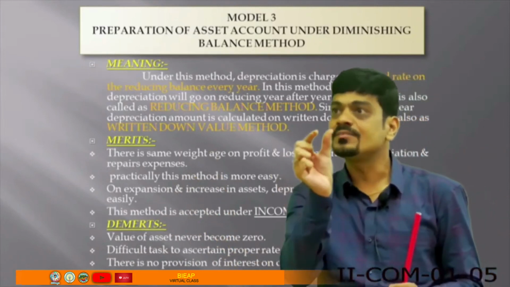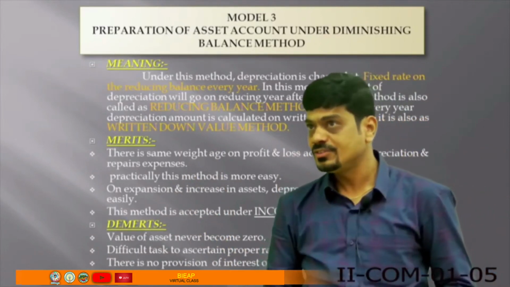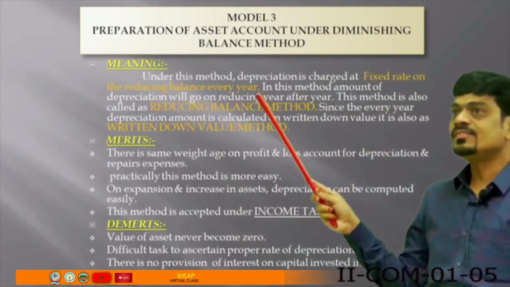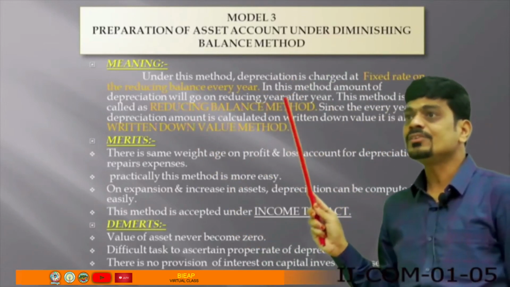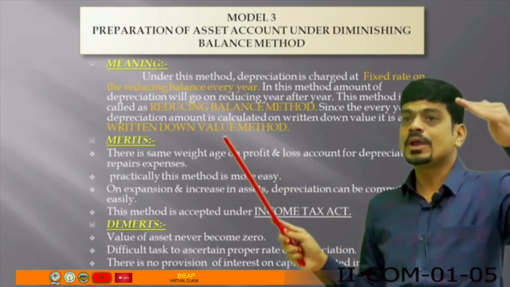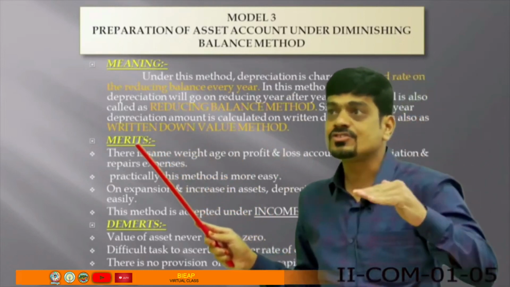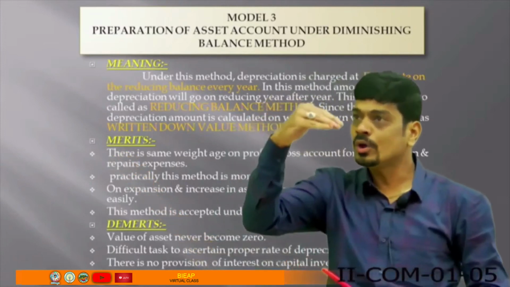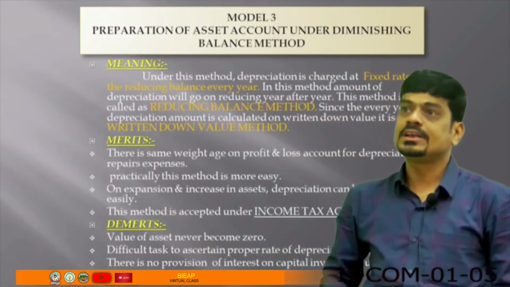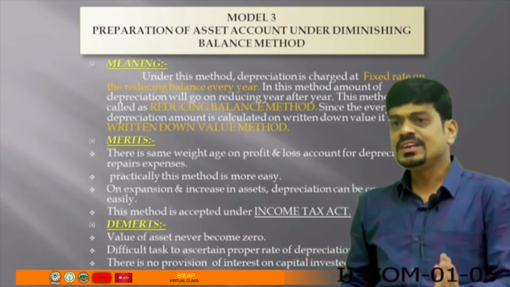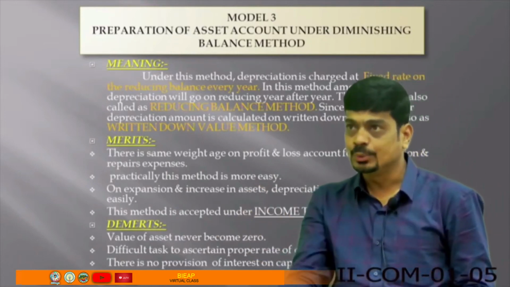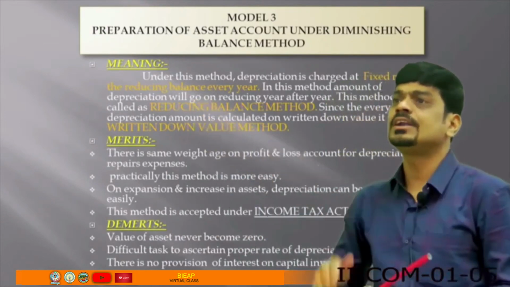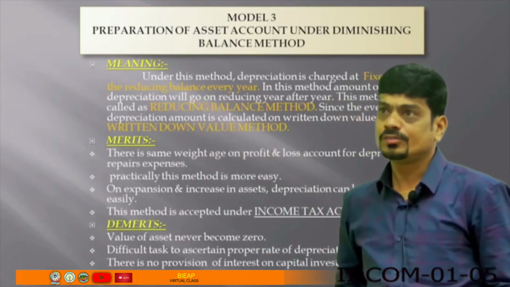So every year we'll calculate separate depreciation. Why is it called the reducing balance method? Because we calculate depreciation on the reducing balance of the asset, and moreover the amount of depreciation is also decreasing. And since we calculate on the written down value, we call it the written down value method also.